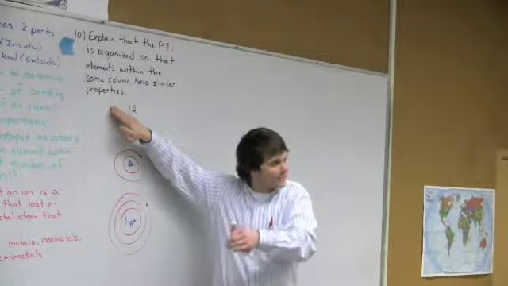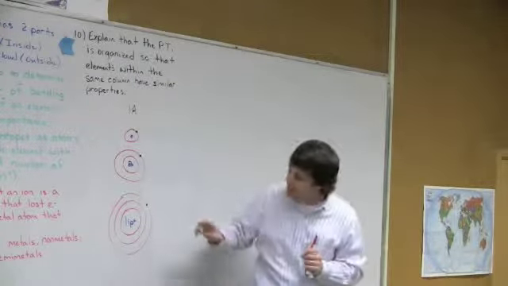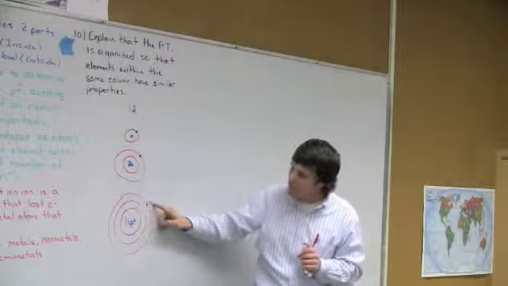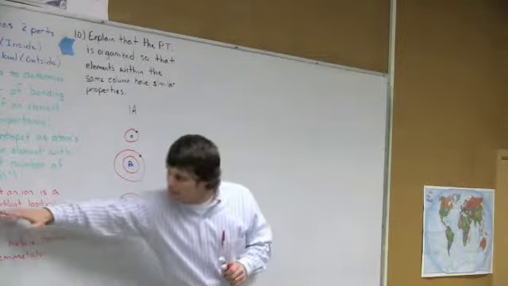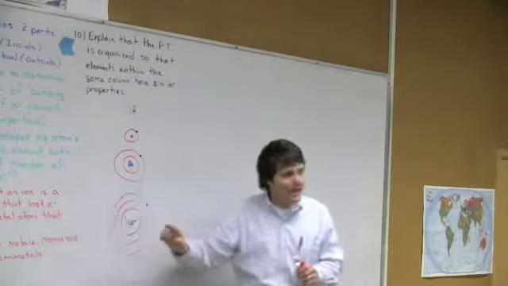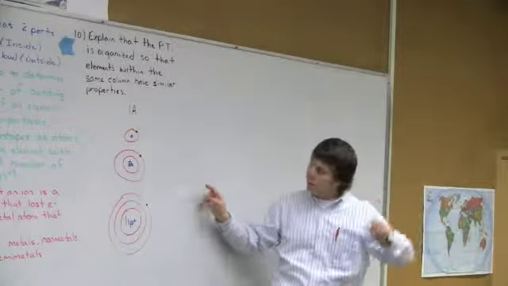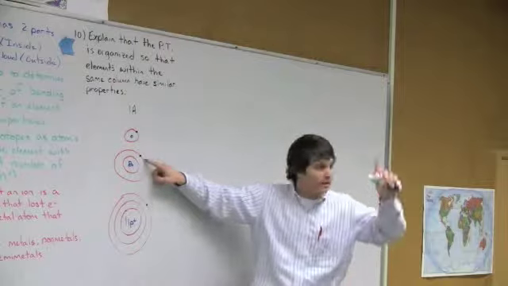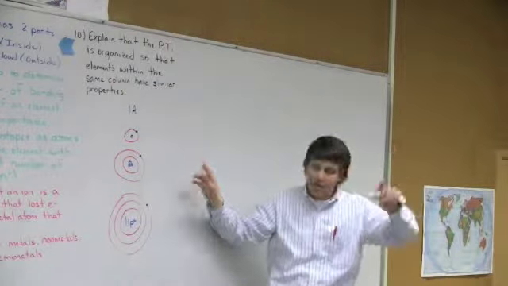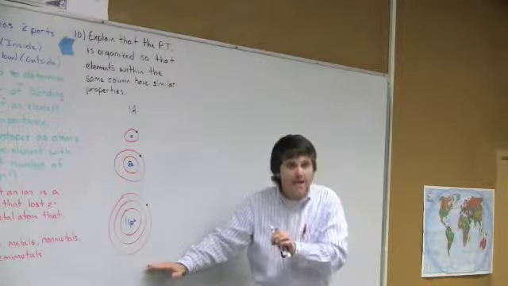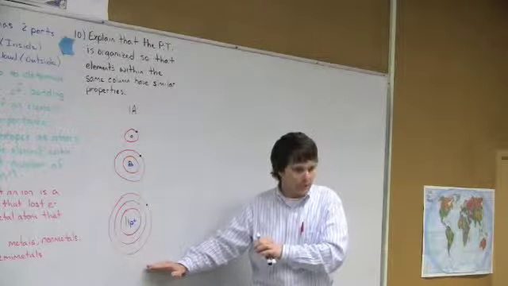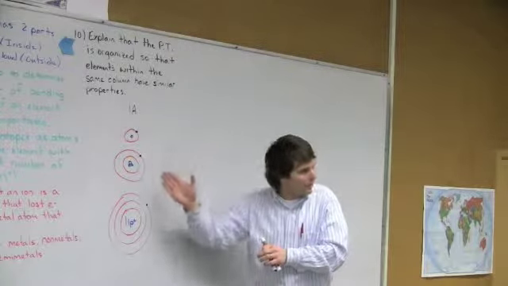They behave the same. As we found out yesterday, sodium is a metal that wanted to lose electrons, and we found out that sodium wanted to lose one electron. Well, lithium also wants to lose one electron. So they act or behave similarly to each other because they all have one electron.